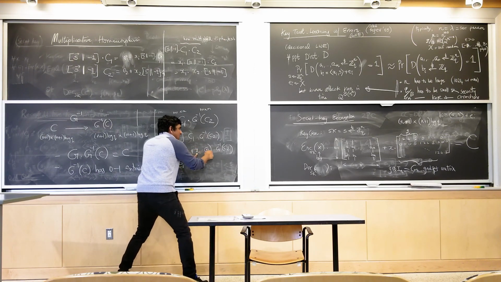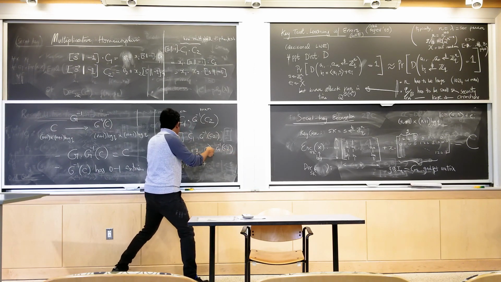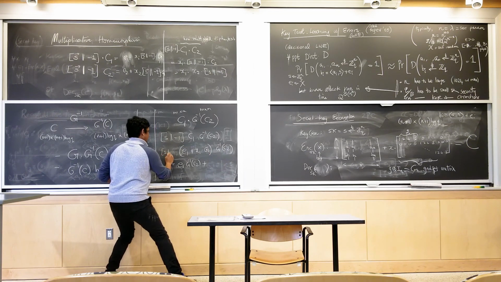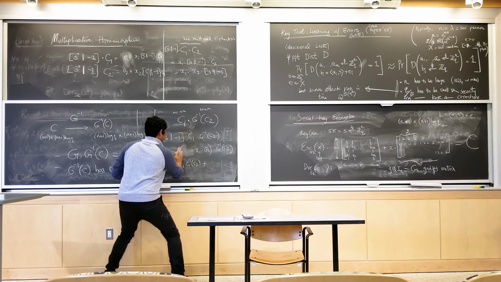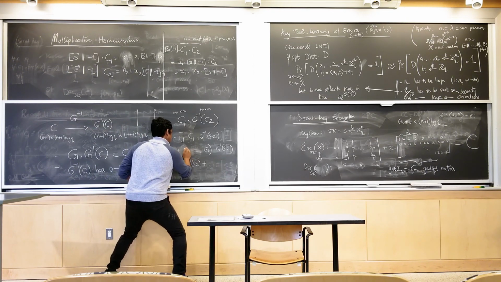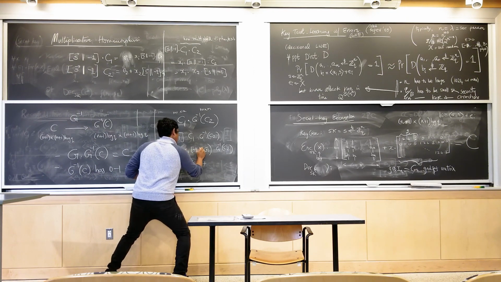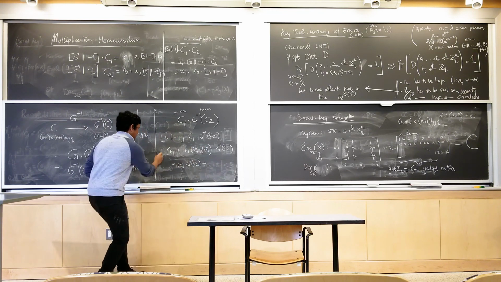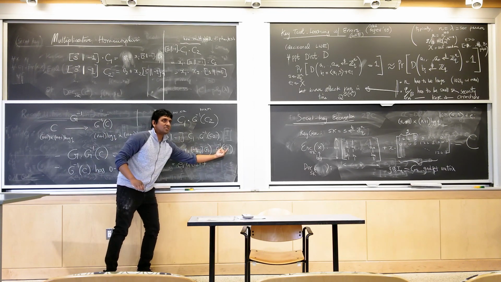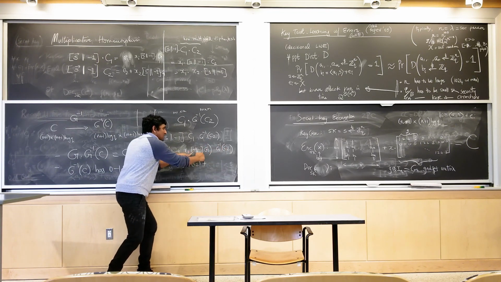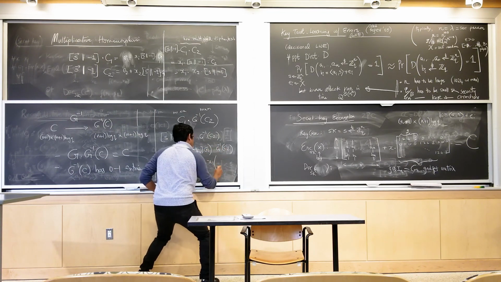Plus x1 times G times G inverse of C2. I wrote it incorrectly over here. G times G inverse of C2 is C2.